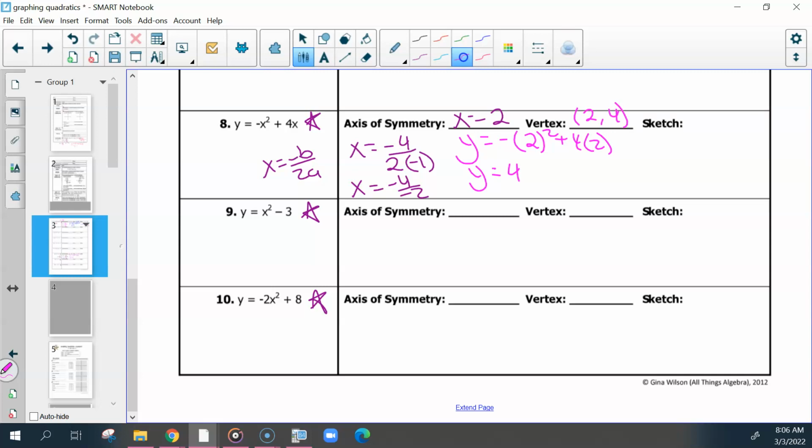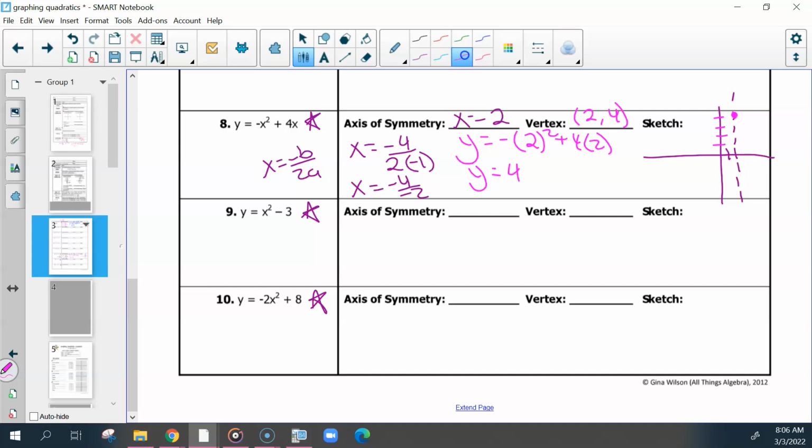Draw in your rough sketch. So our axis of symmetry would be at 2. Vertex would be at 2, 4. Would this face up or down? Down.